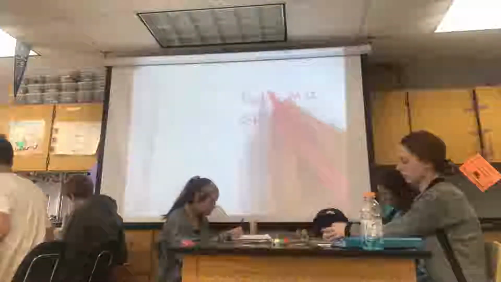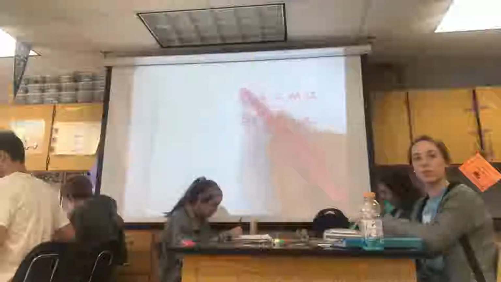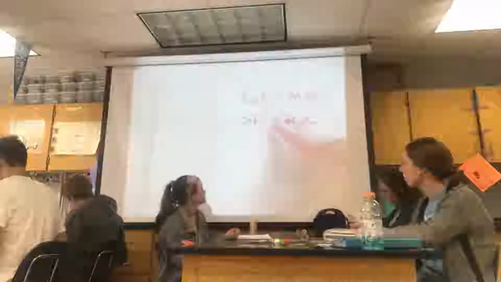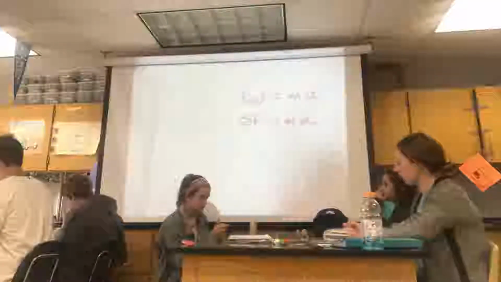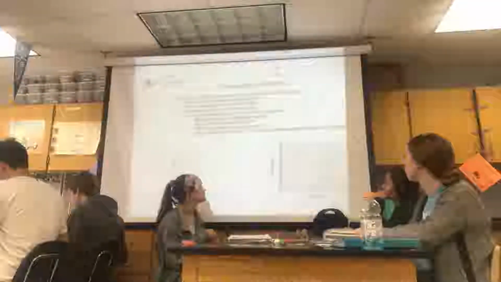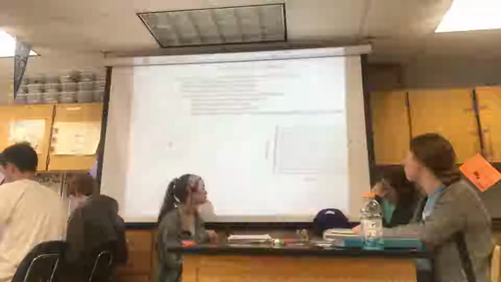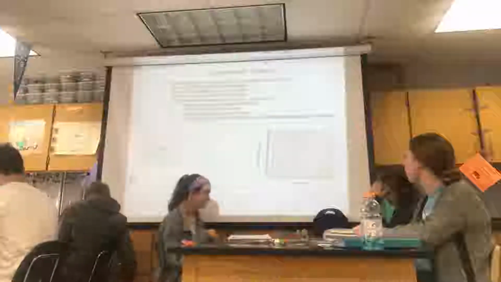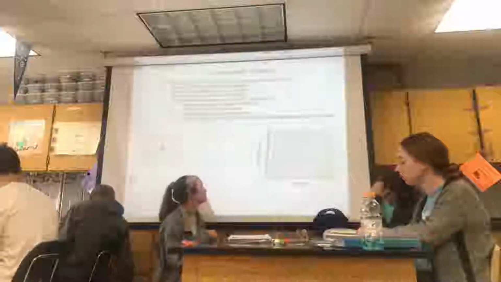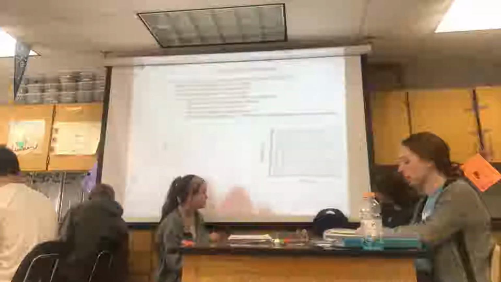Both of these mean the same thing, and they mean the combination of all the forces together. All right, so back here, I'd like for us to do the free body diagram together.